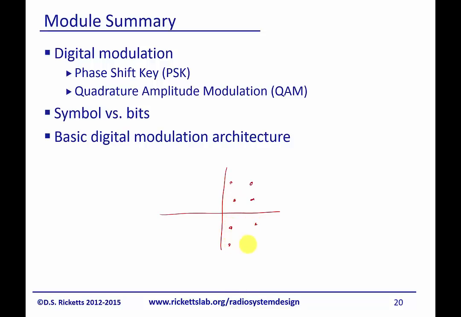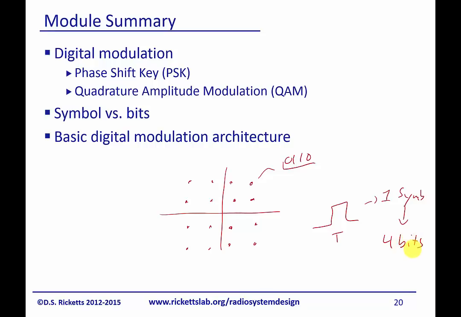Each dot, in this example a 16 QAM, represents 4 bits, and we transmit a symbol per period. So for each period T, we transmit 1 symbol. In 16 QAM, that means we transmit 4 bits.